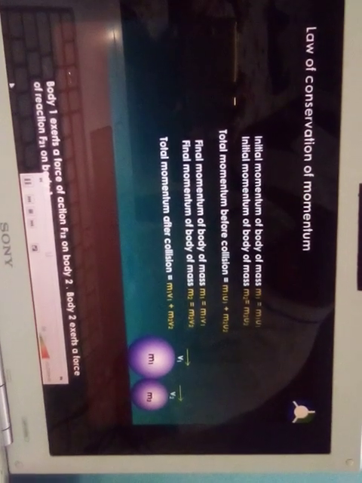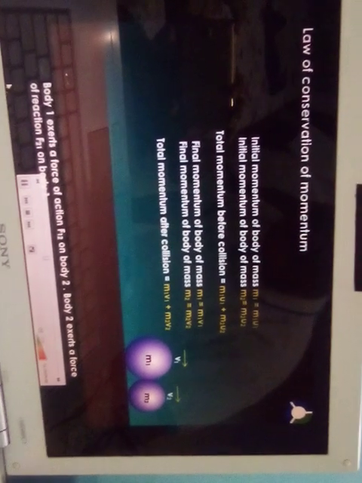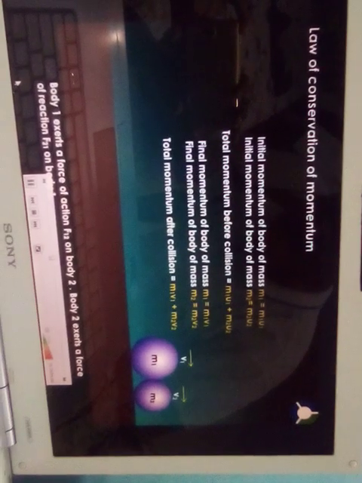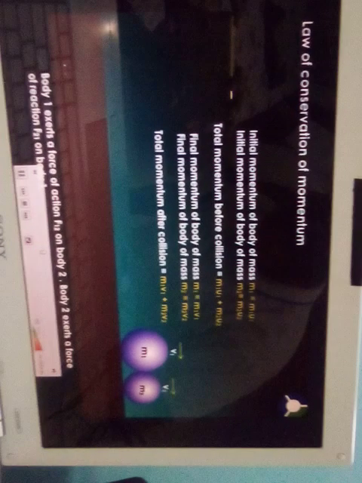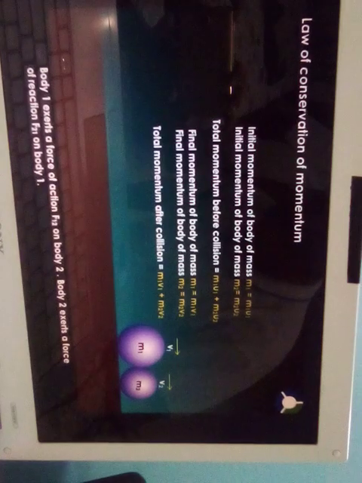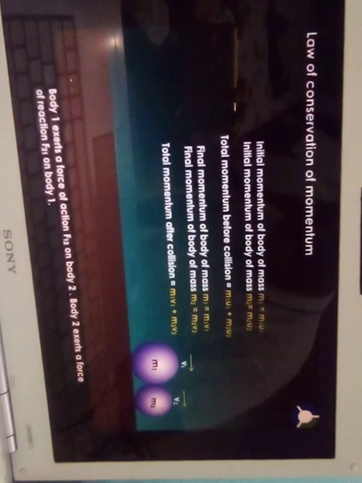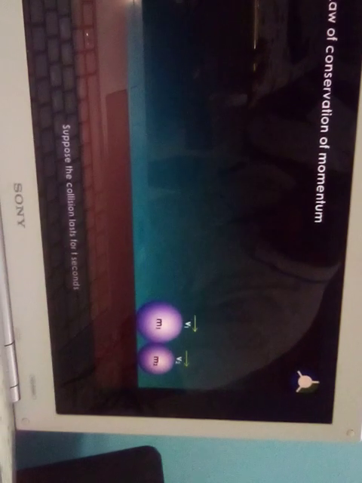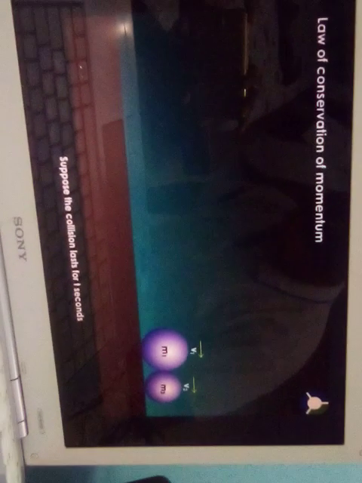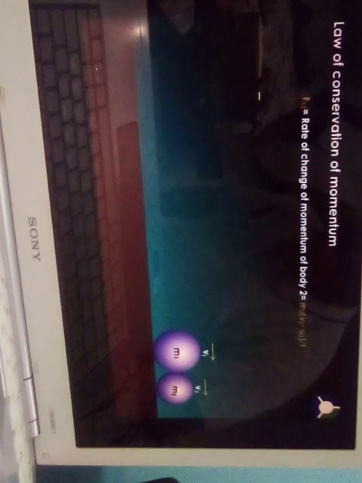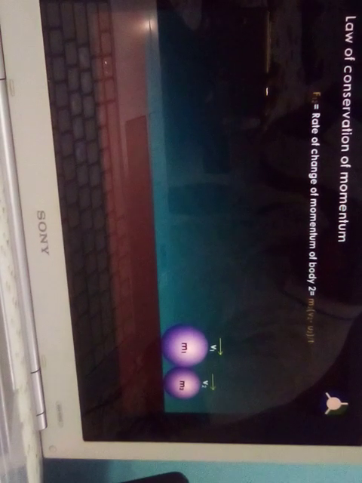Body 1 exerts a force of action F12 on body 2. Body 2 exerts a force of reaction F21 on body 1. Suppose the collision lasts for t seconds. F12 equals rate of change of momentum of body 2, equals m2 multiplied by (v2 minus u2) by t.